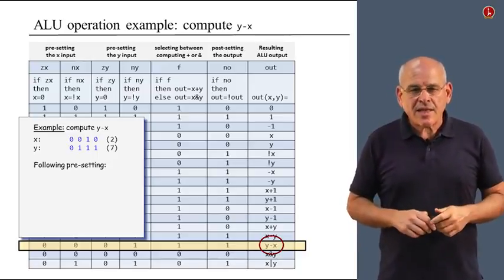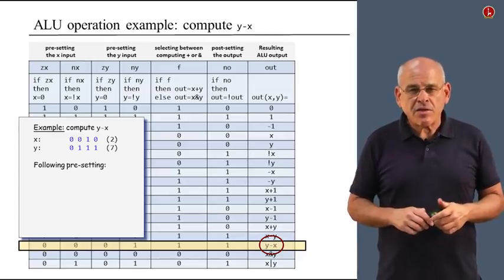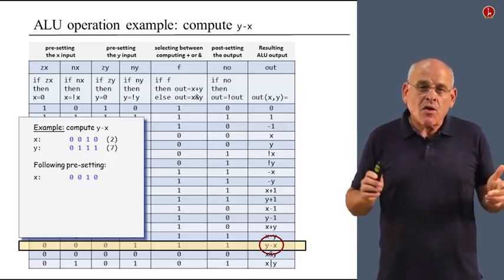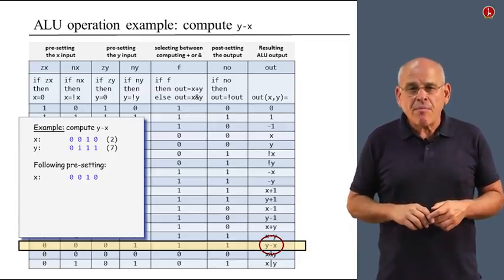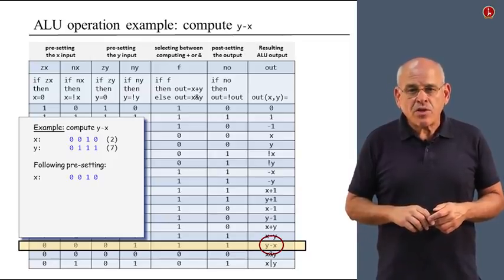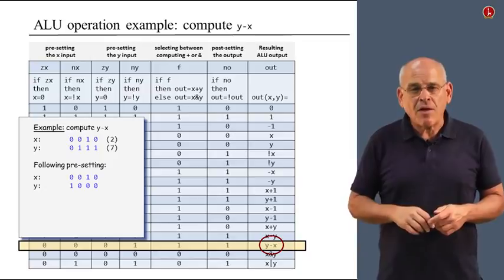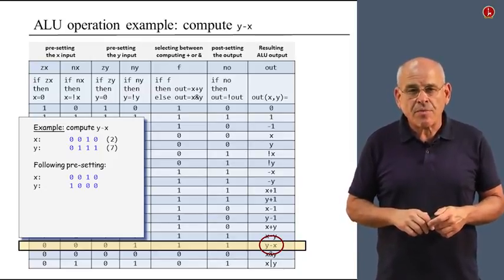So we see that zx is 0 and nx is 0, so we don't touch the x input, it remains as is. And moving along, we see that zy is 0, so we don't touch the y input, but ny is 1, which means that we have to negate it. So 0, 1, 1, 1 became 1, 0, 0, 0.